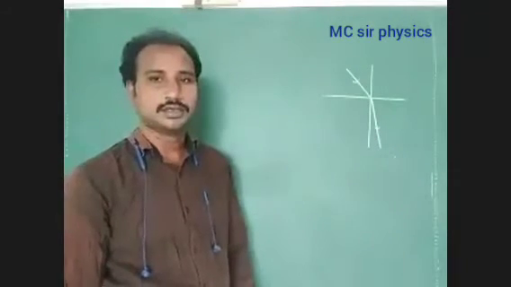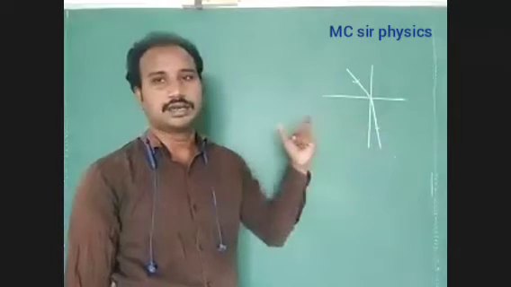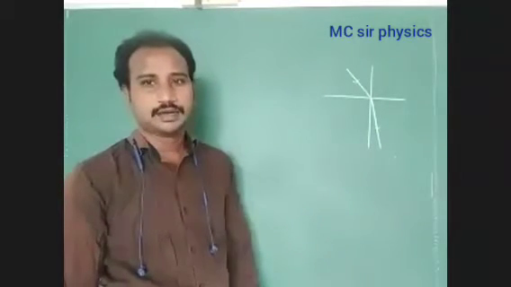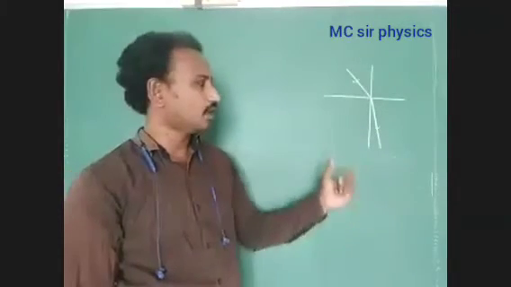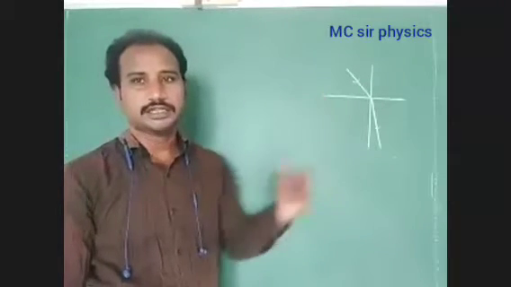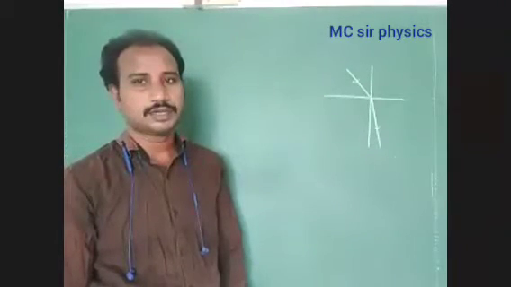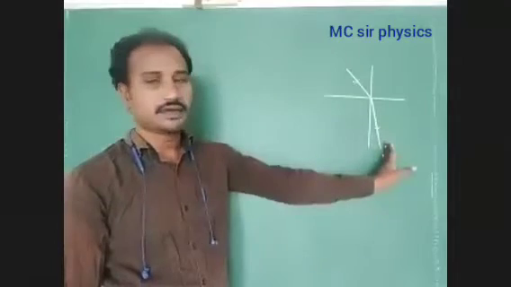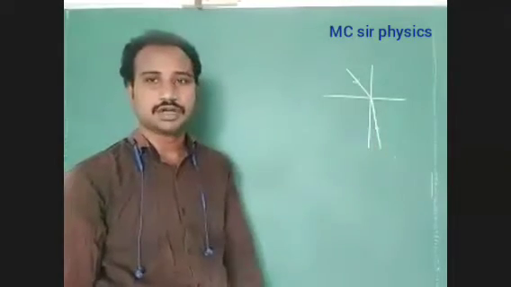What is the reason? Here we consider that the denser optical medium affects the path of the incident ray. Because of that reason, the refracted ray bends towards the normal.